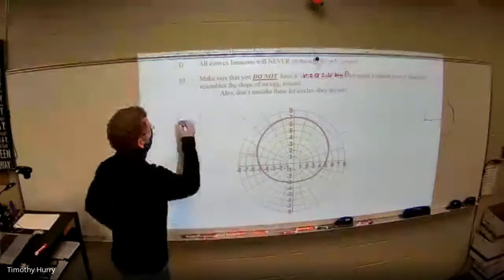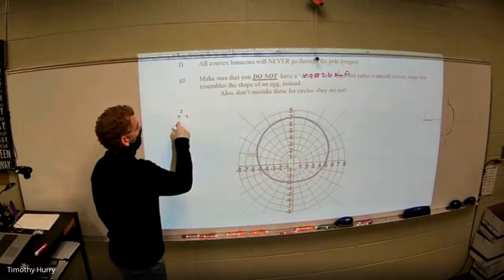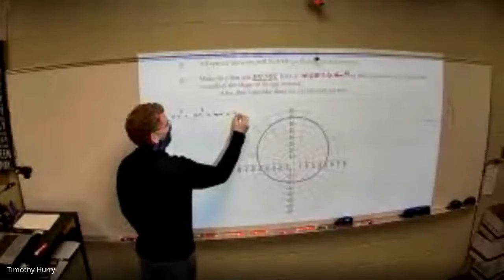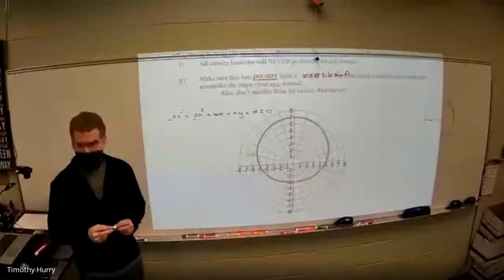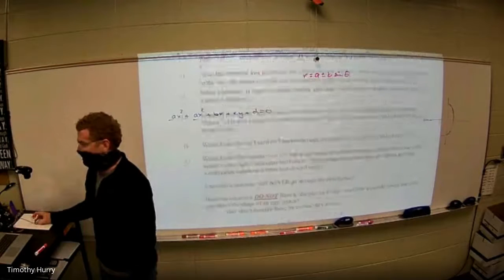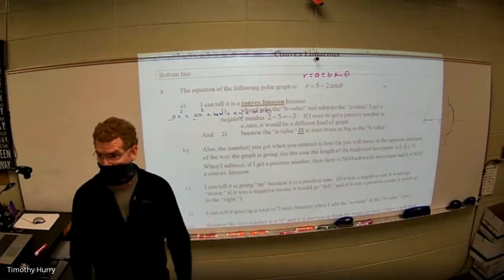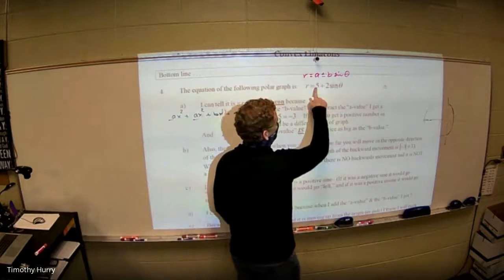Really know that it's not a circle. Don't circles have to be in this form? Actually, these numbers right there, plus bx plus cy plus d, if those numbers have to be the same, that would be a circle. Well, I could technically change this now that I know how to change from polar to rectangular, couldn't I? Couldn't I come in here and say, all right, this right here is sine.